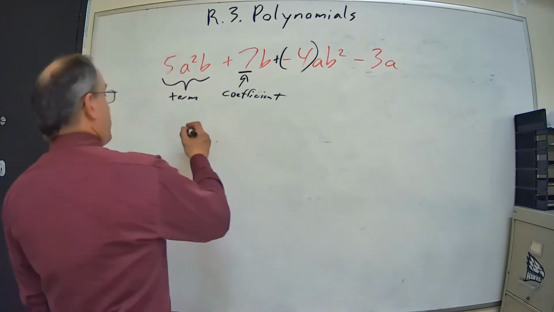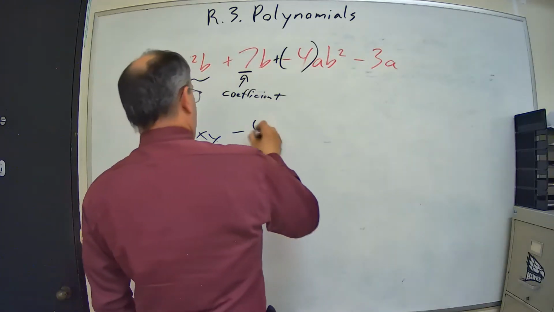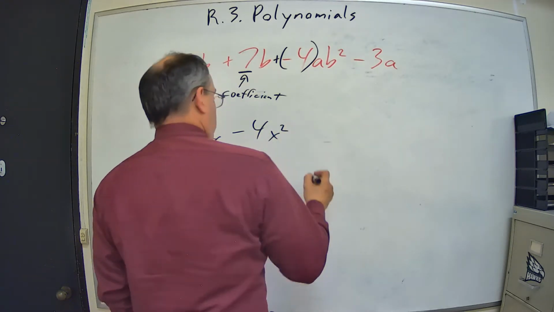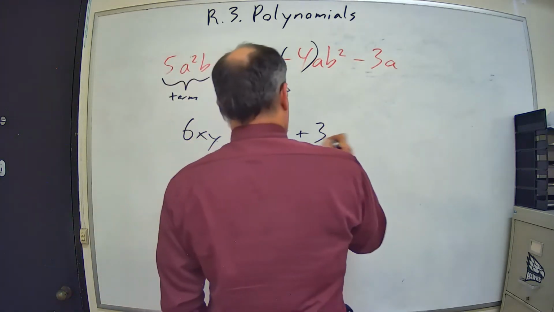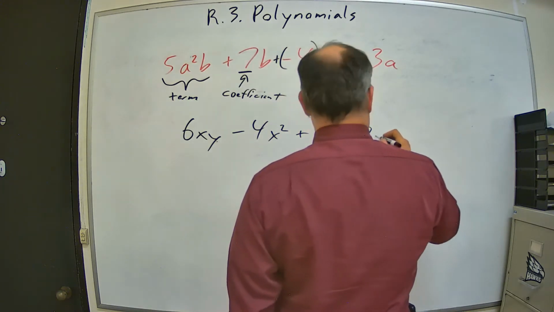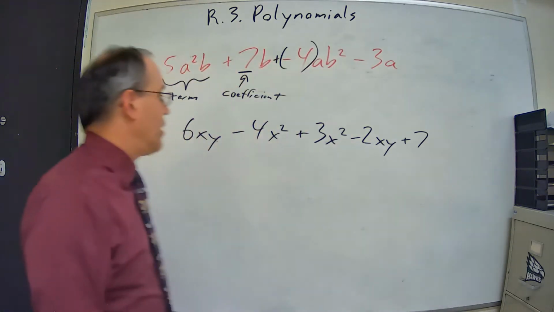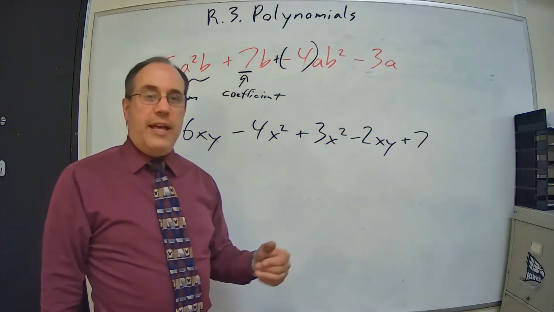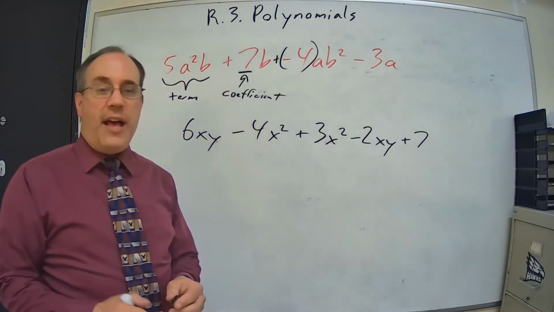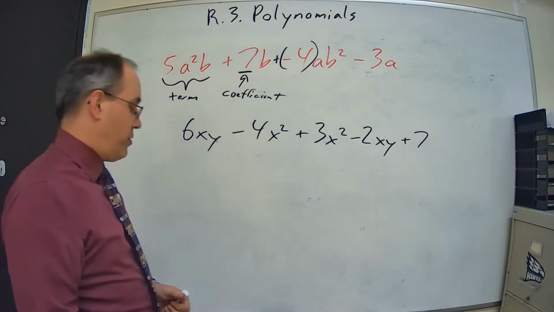Whereas, if we have something like 6xy − 4x² + 3x² − 2xy + 7, I now see that I have some terms that are using the same variables raised to the same power.